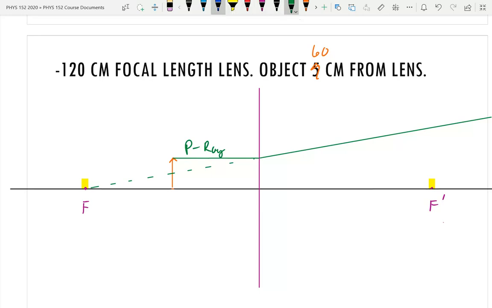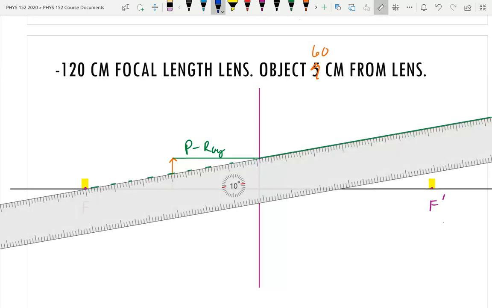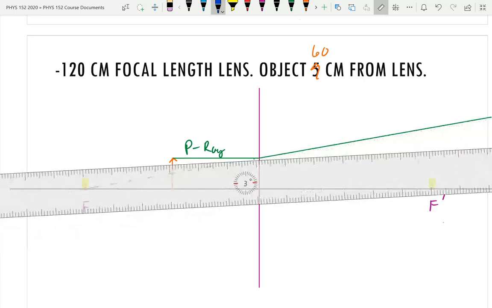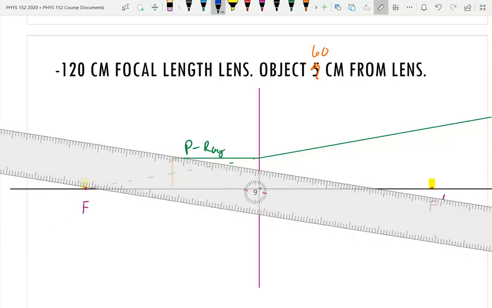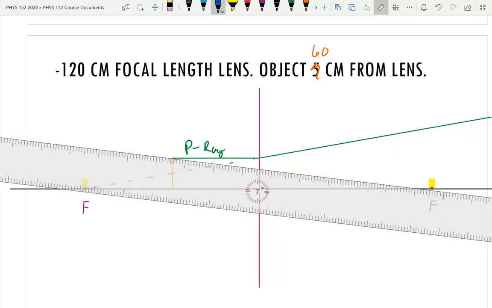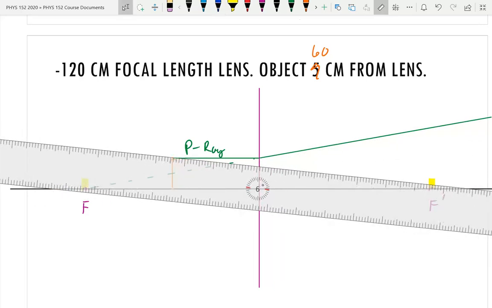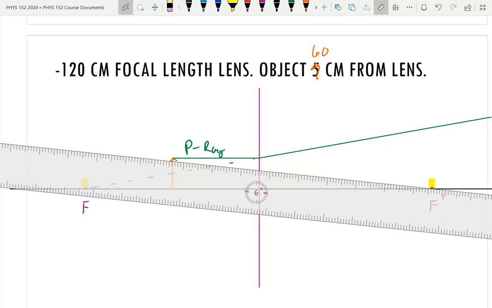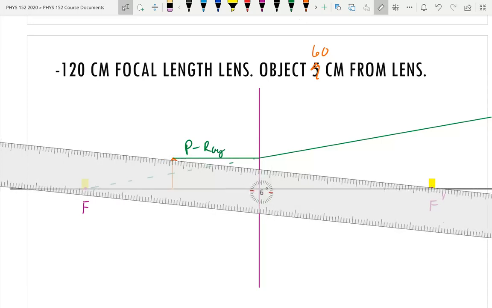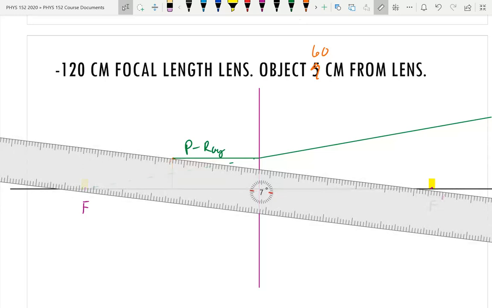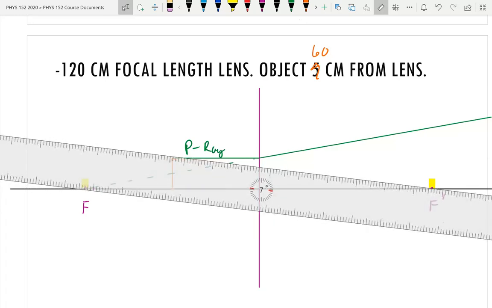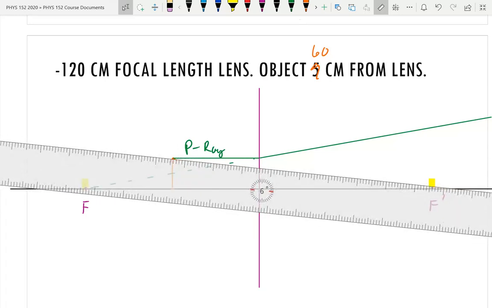Next, the focal ray. So the focal ray, how does it start? From the tip of the object to the secondary focal point. So now the secondary focal point was on the other side. And, okay, 7 is a little too steep. 6, I can't do a half. 6 is a little too flat.